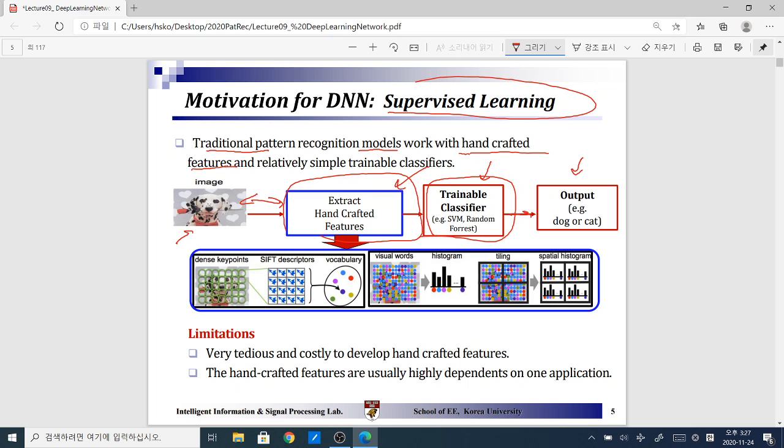So, for example, what people did was to subdivide the image into smaller patches, particularly at the key point locations, and apply this SIFT type of descriptors. SIFT means scale invariant feature transformation.